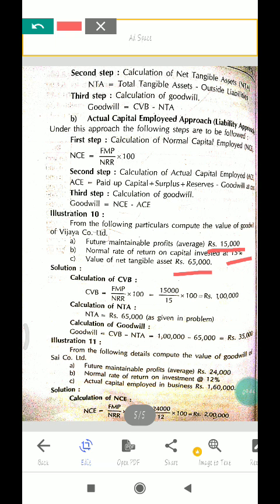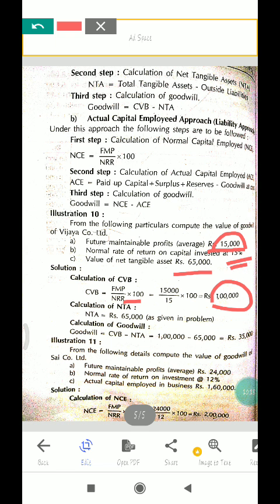Then the solution. We have to calculate the CVB. CVB is equal to future maintainable profit divided by NRR into 100. The future maintainable profit given in the problem is rupees 15,000, and NRR is 15% into 100. So CVB is rupees 1 lakh. The second step is calculation of NTA, net tangible assets.